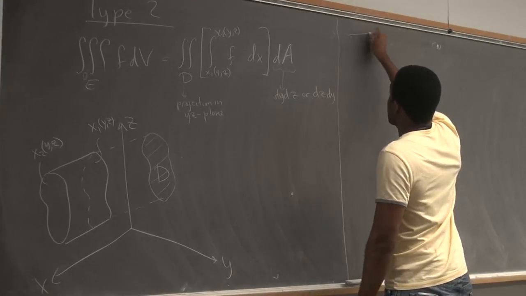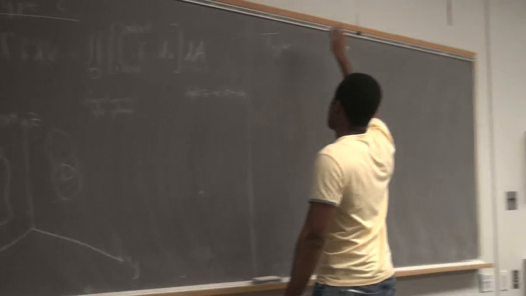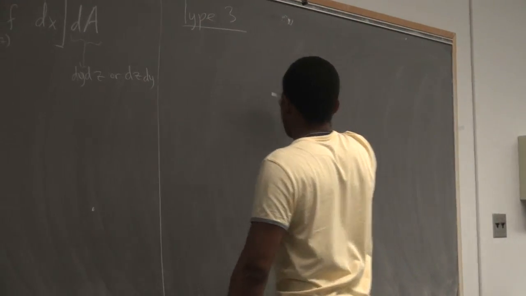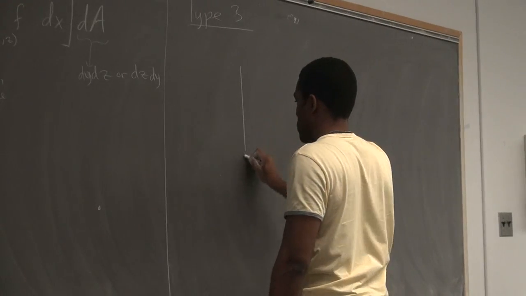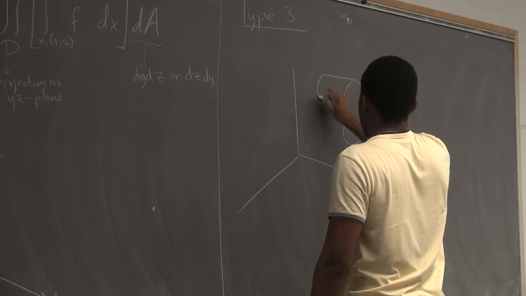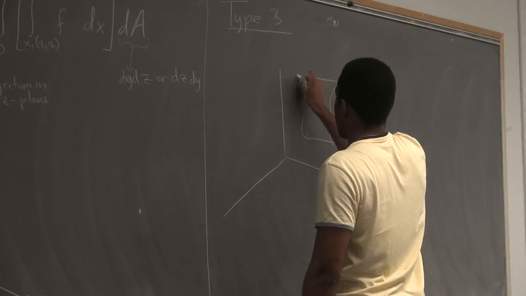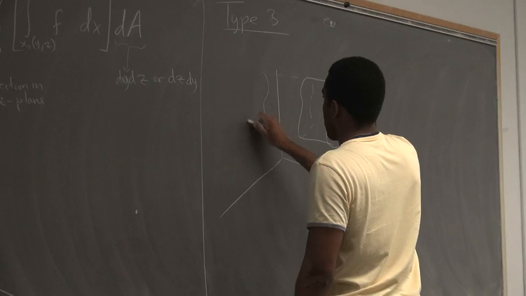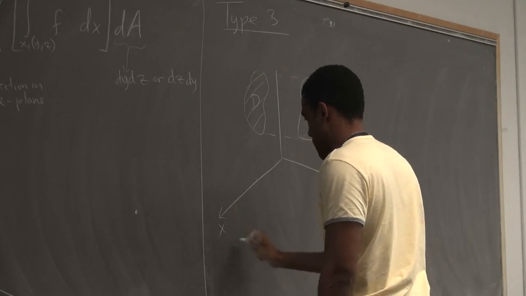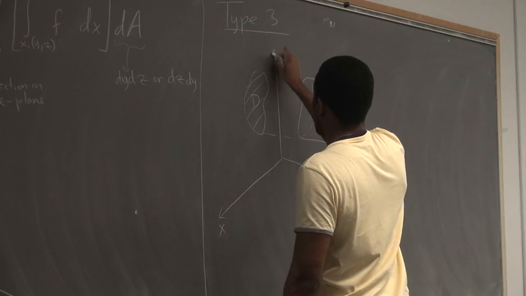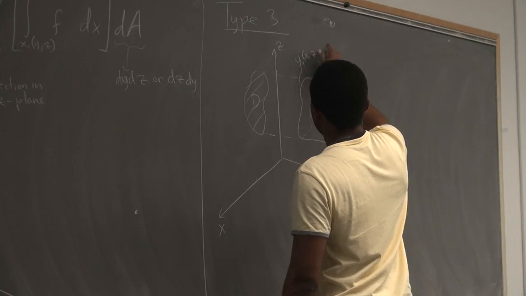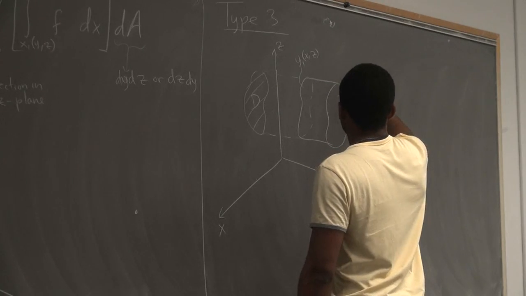Here, there's also type 3, which is obviously projection onto the other plane. So type 3 is y1, z, 2, z.